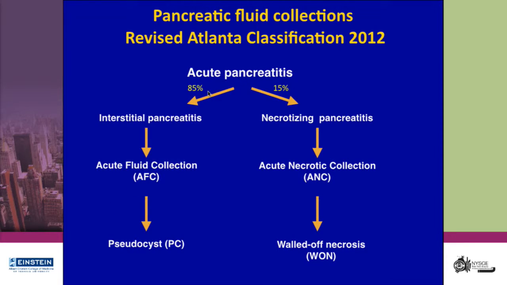Acute pancreatitis, in 85% of the cases, will evolve to interstitial pancreatitis. And a subset of these patients will develop acute fluid collections. 15% of patients will develop necrotizing pancreatitis, and a subset of these patients will develop acute necrotic collections.